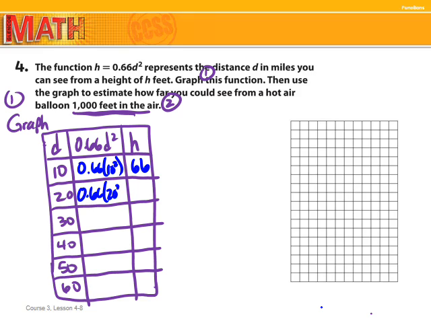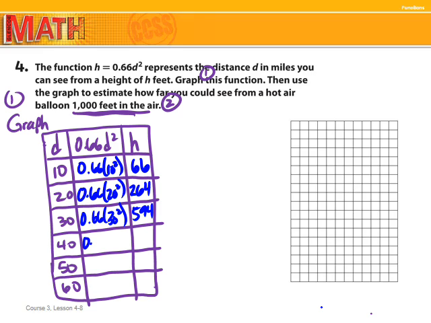0.66 times 20 squared. 20 squared is 400. 400 times 0.66, 264. 0.66 times 30 squared, that's 900. 900 times 0.66 is 594.